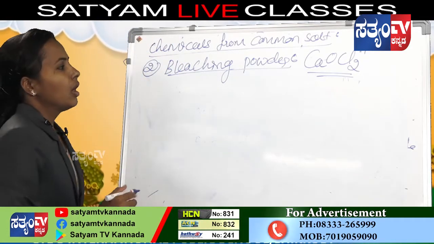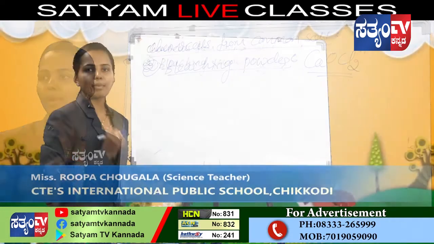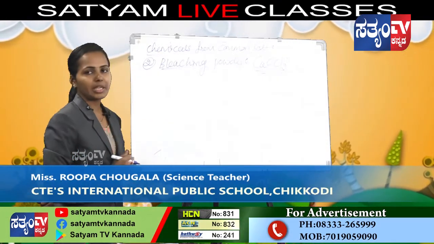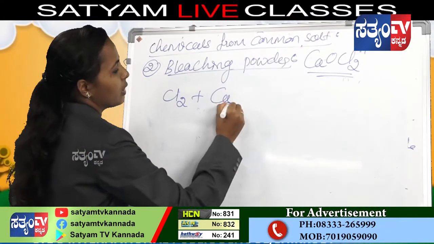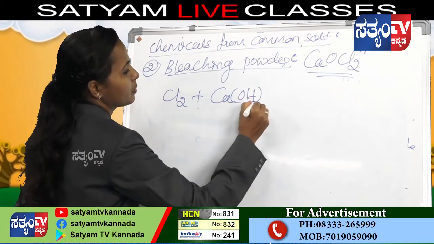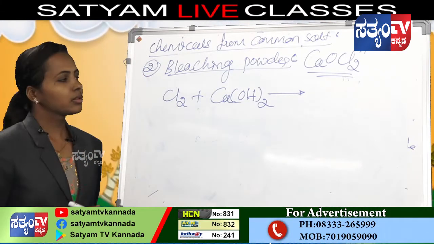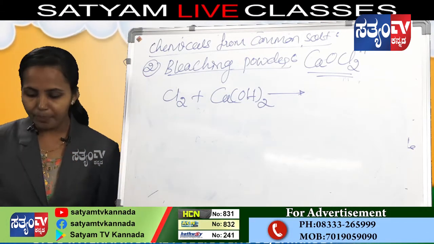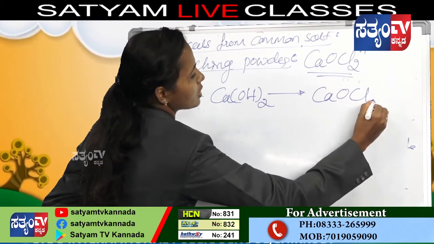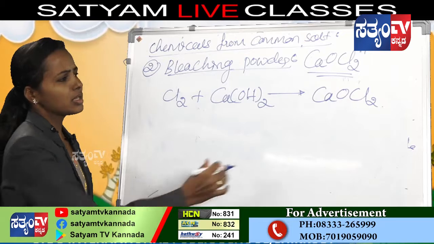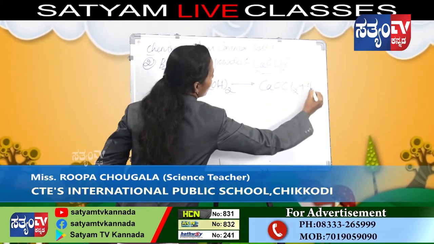When chlorine reacts with calcium hydroxide, it forms bleaching powder. Here Cl2 and Ca(OH)2: when this chlorine reacts with calcium hydroxide, it gives CaOCl2, which is bleaching powder, plus water.